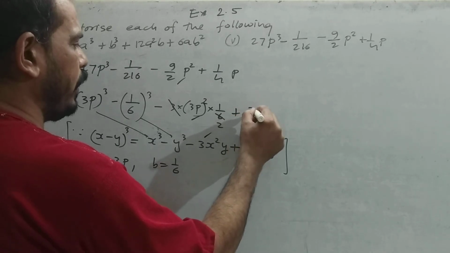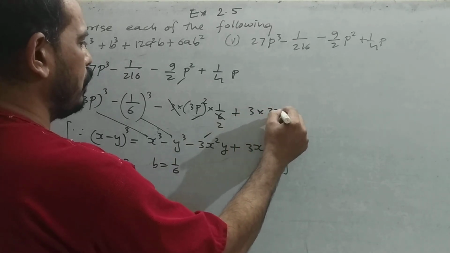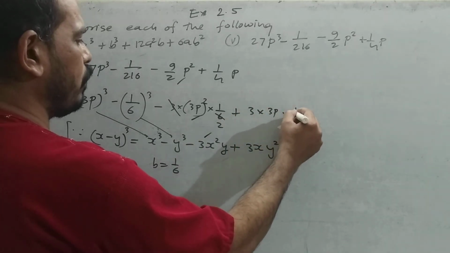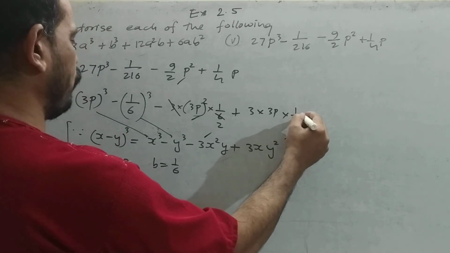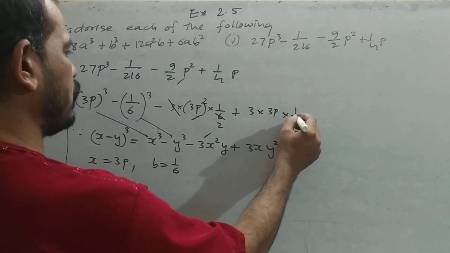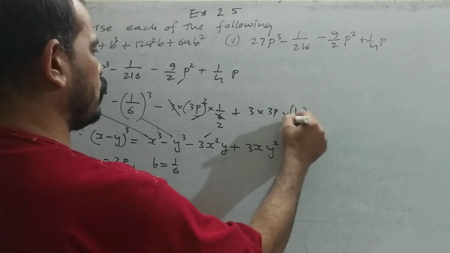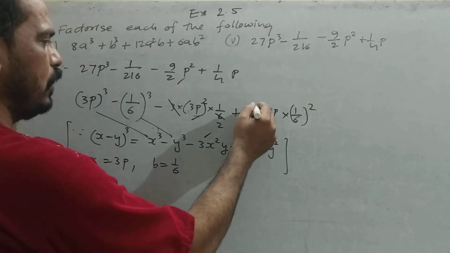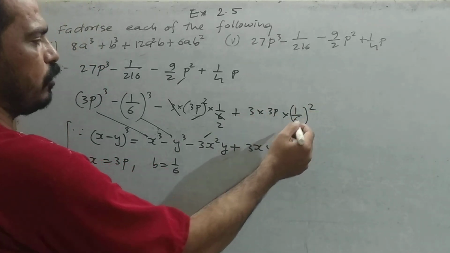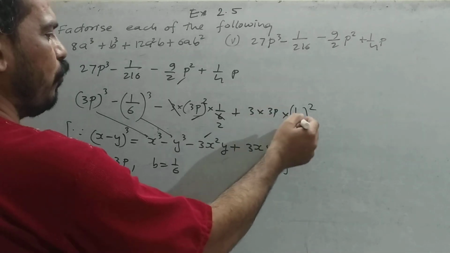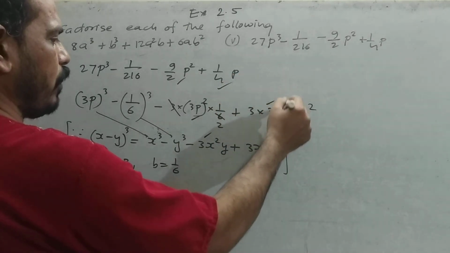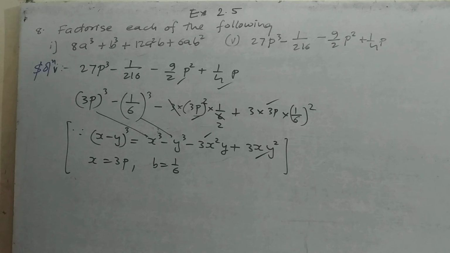Plus 3, x means 3p, y means 1 by 6 whole square. So this is 3, 6 square is 36. 9 fours are 36, so 1 by 4. This is matching.